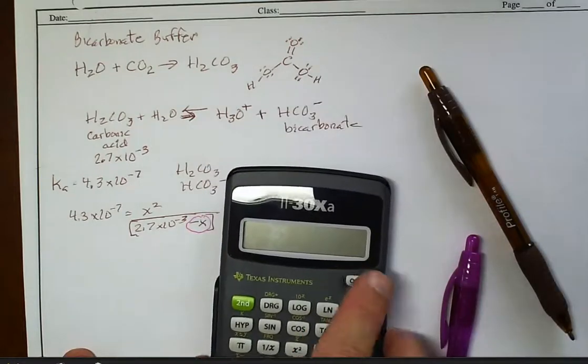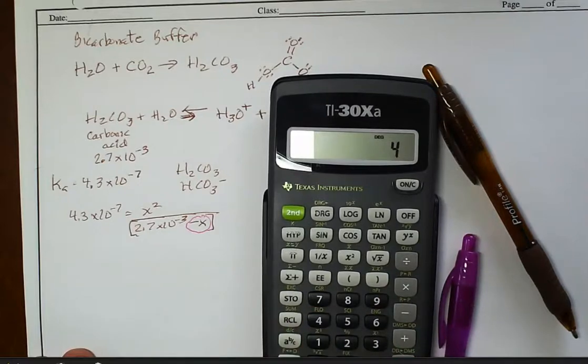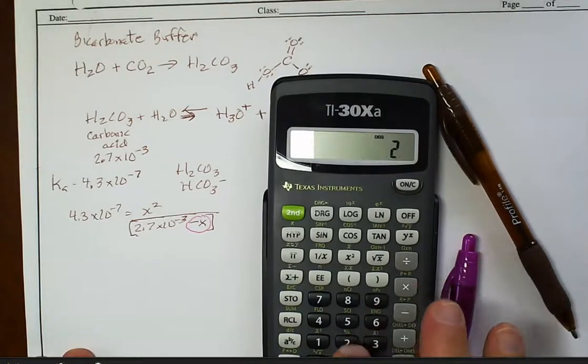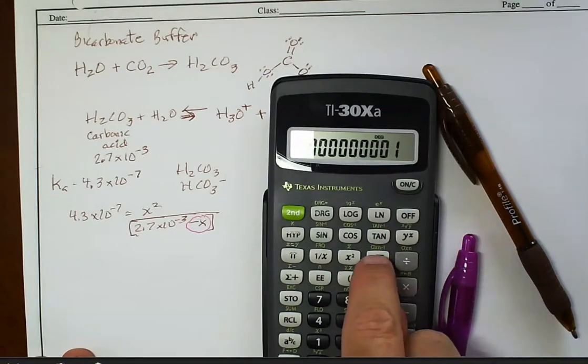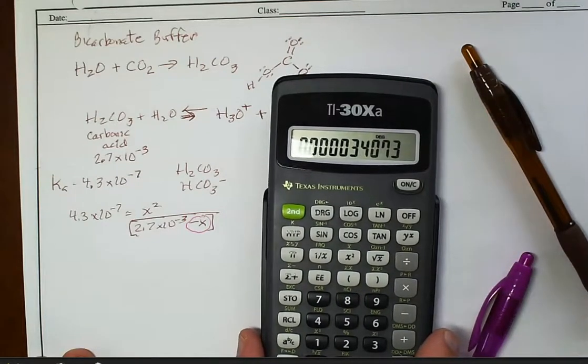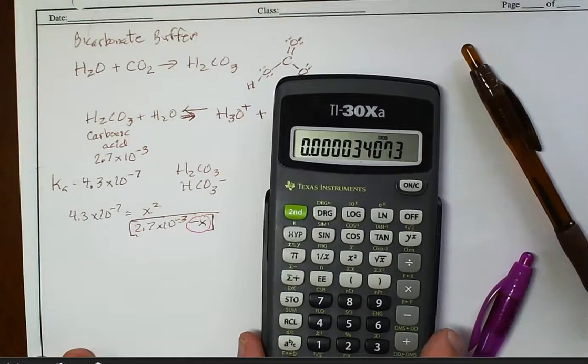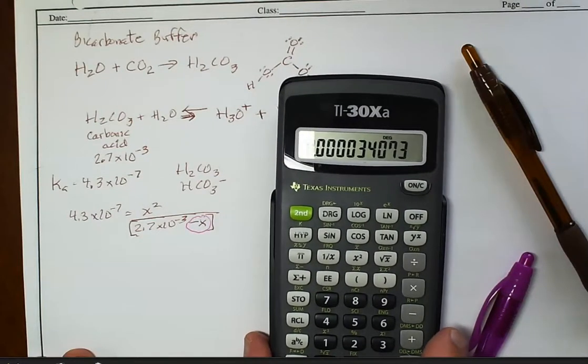So we would get here 4.3 times 10 to the minus 7th times 2.7 times 10 to the minus 3rd, and then we take the square root, and that gives us how many zeros is that? 1, 2, 3, 4. So 3.4 times 10 to the minus 5 for x.